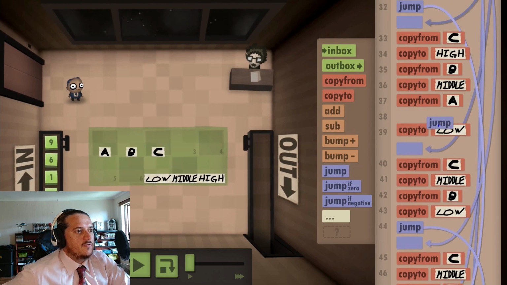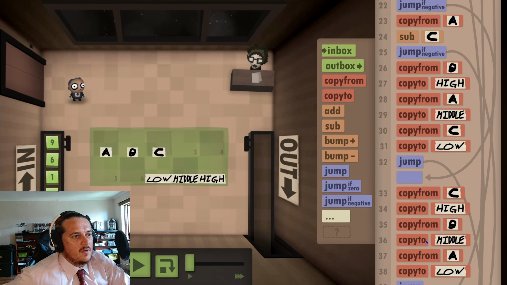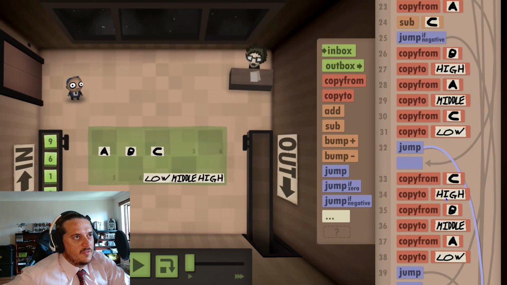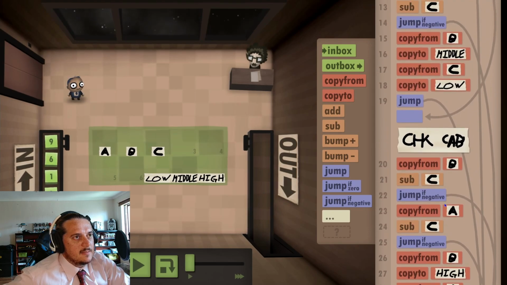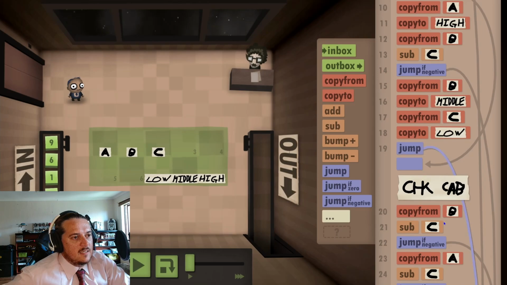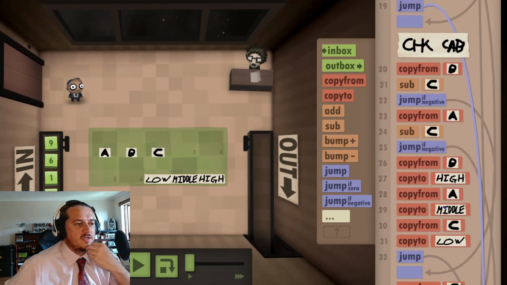I need a jump over here, take me there. And I need a jump over here, which takes me there. And we're going to jump over here, takes me there. Okay, that looks good. That looks good.